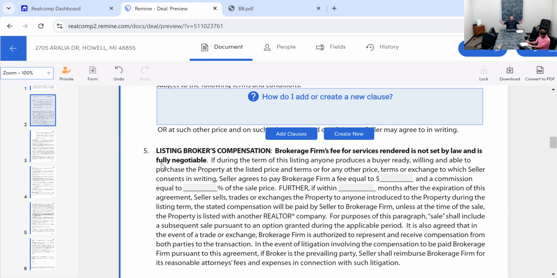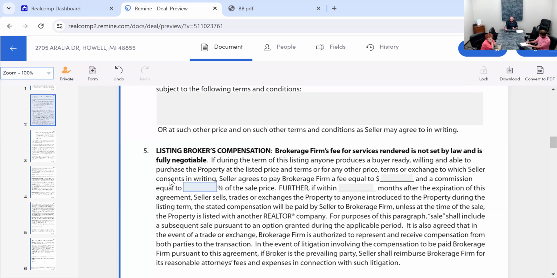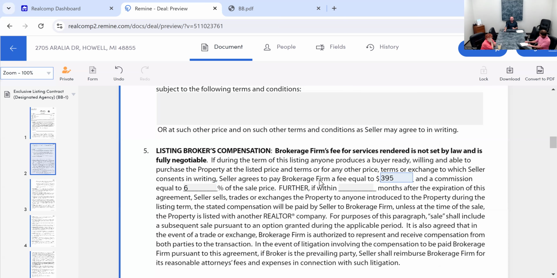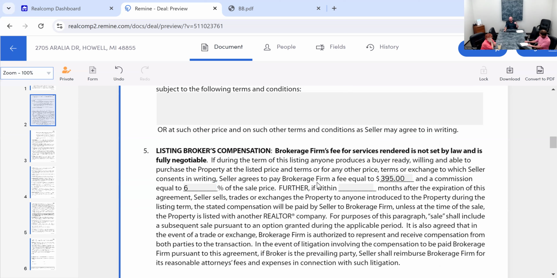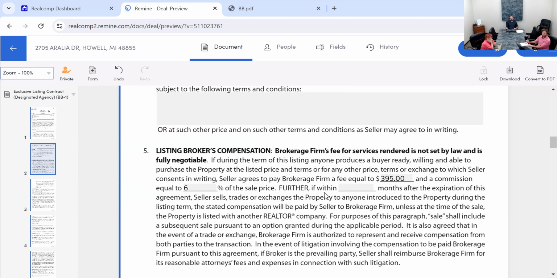I have the ability to charge something else, but I don't have the willingness because I know my value. I provide enough services and value that I charge 6% for this commission. In addition to that, we have a $3.95 broker firm fee, our broker compliance fee.